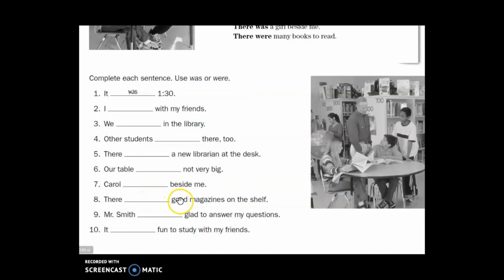There blank good magazines on the shelf. Mr. Smith, probably this guy, right? Mr. Smith blank glad to answer my questions. Was or were. It blank fun to study with my friends.